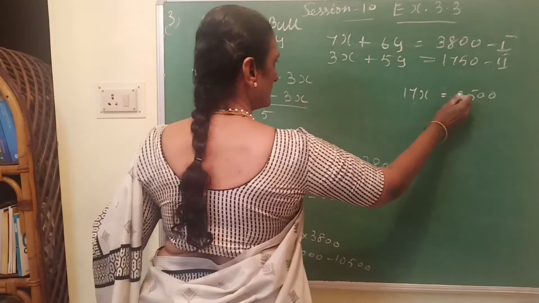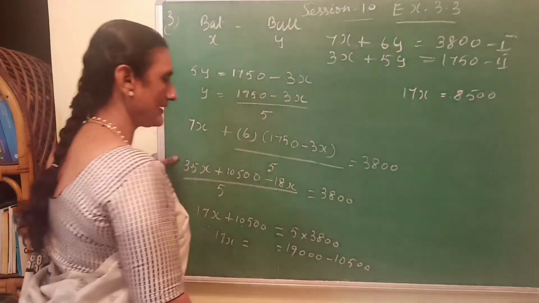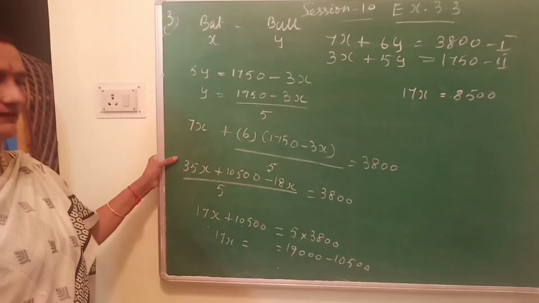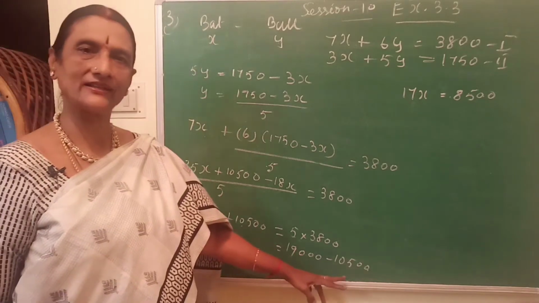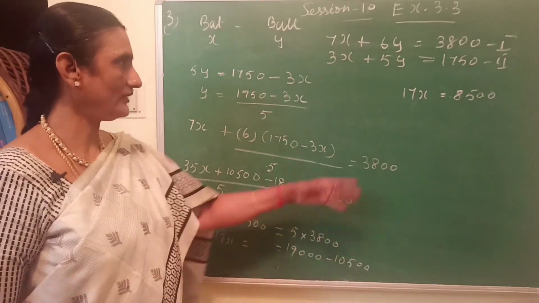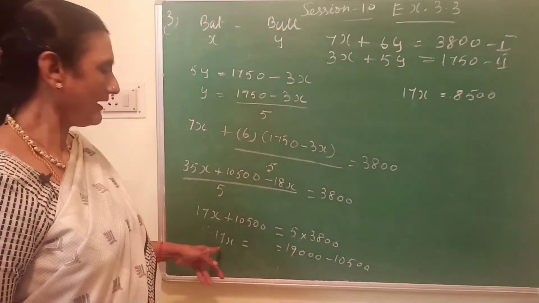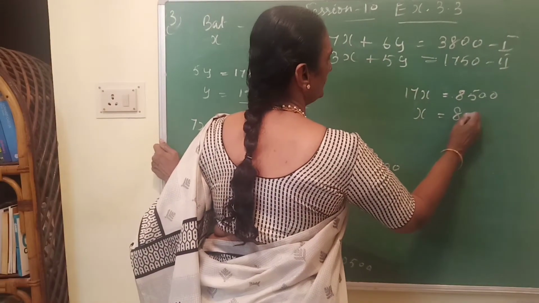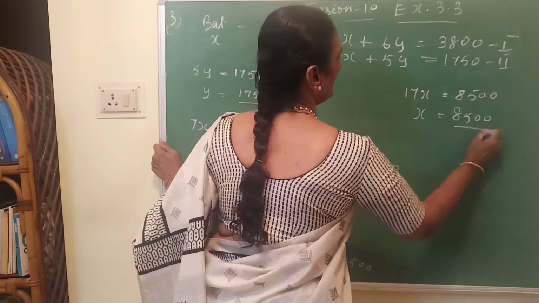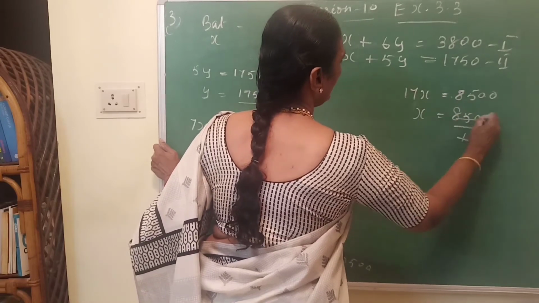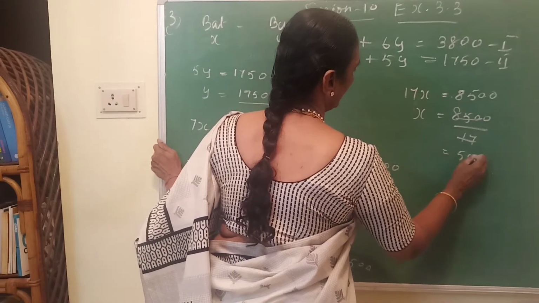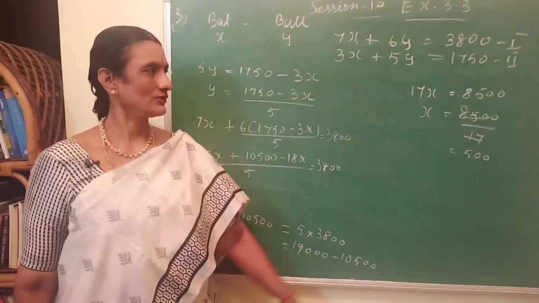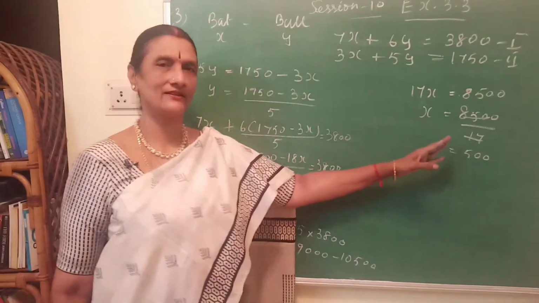So 8,500. Any doubt in this? Please check once again. 19,000 minus 10,500 gives you the value 8,500. That is for 17x. Therefore, x is equal to 8,500 by 17, giving you a value 500. So we have got the value of x as 500.